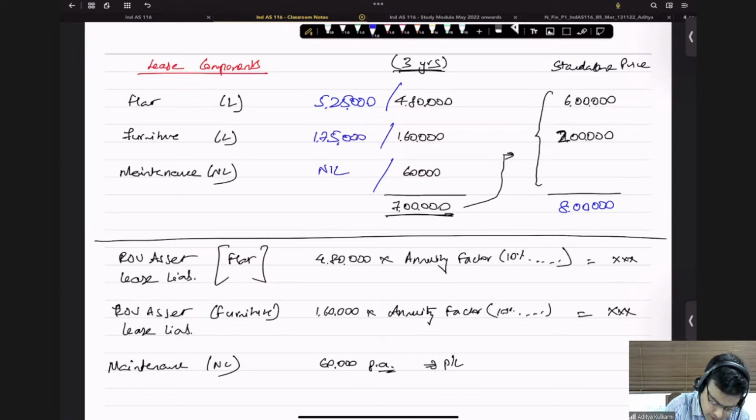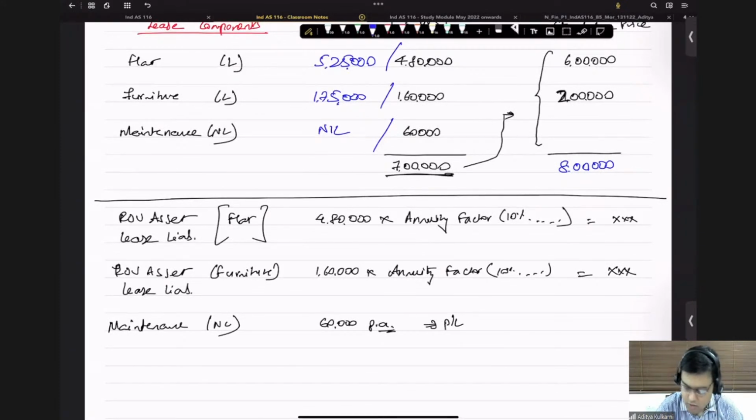This is going to be 0. Now the question is, how am I going to account? So instead of 4,80,000, this will be 5,25,000. Instead of 1,60,000, this will be 1,75,000. And instead of 60,000, this is going to be 0.